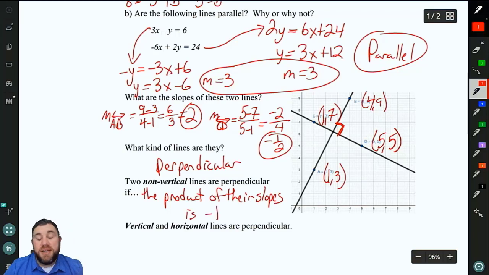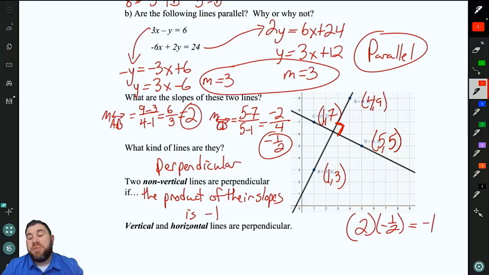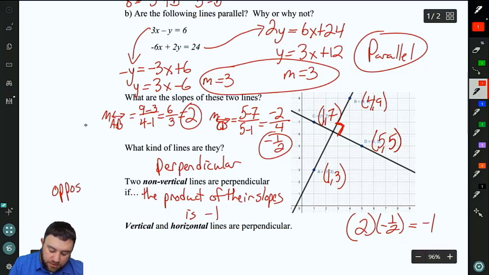So if we multiply 2 times negative 1/2, we're going to get negative 1. So that's going to happen anytime you have non-vertical perpendicular lines, that when you multiply their slopes, you'll get negative 1. The way to test for that is they are opposite reciprocals. And I can't spell today.